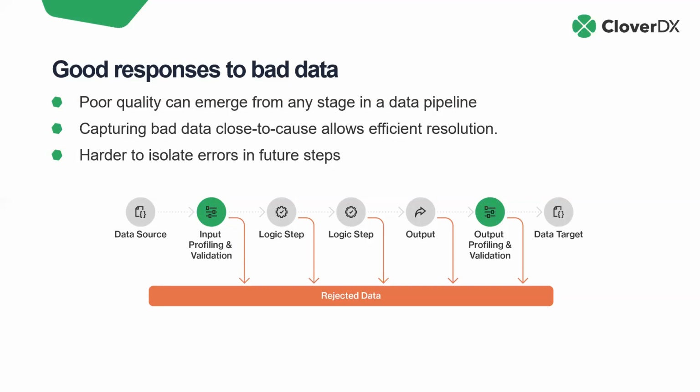So we want to try to capture bad data as close to the cause as we can to allow efficient resolution. If we don't make that attempt to capture those issues as soon as they arise, but instead allow them to propagate downstream into further stages of our pipeline, it can become much more time consuming to track back and figure out where exactly the data quality issue initially arose.